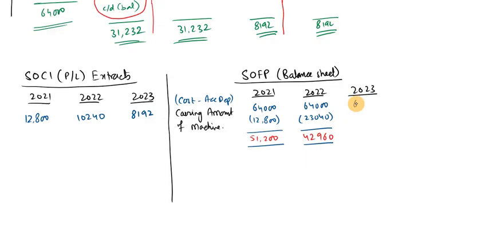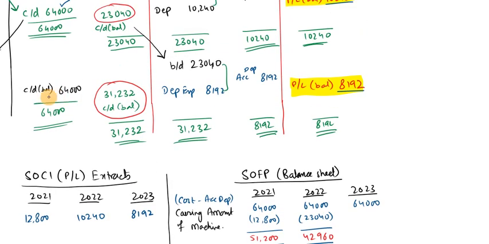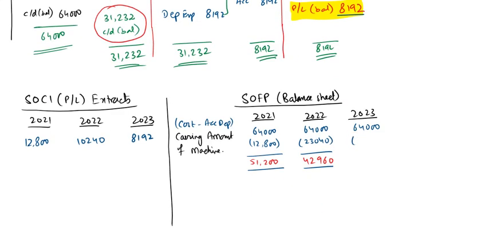So in year 23, the cost of machine remains 64,000 and the accumulated depreciation for the third year is 31232, and the answer will be, yes.